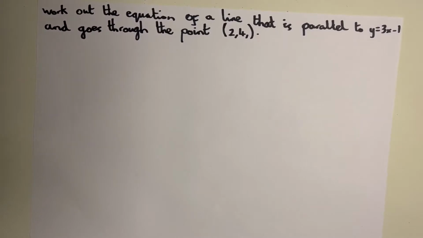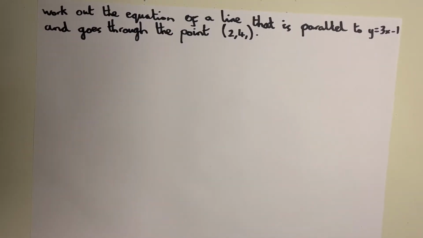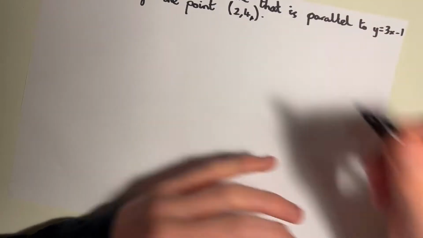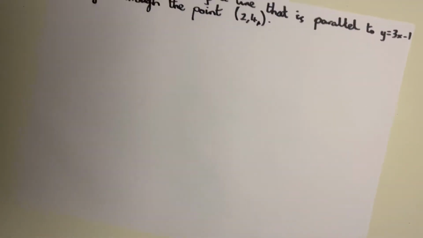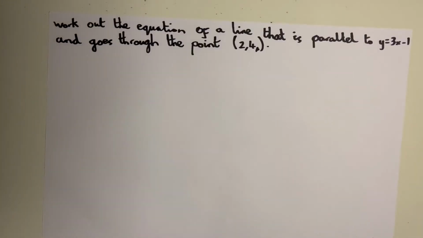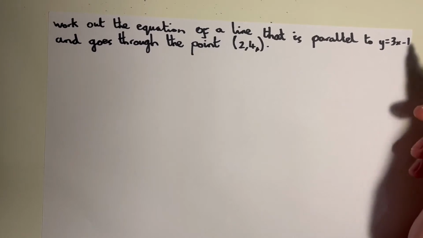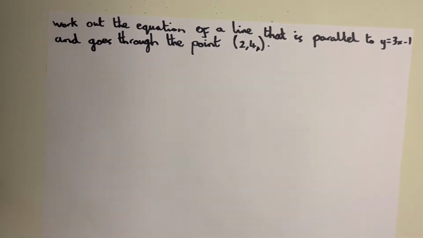Okay, so we've got a little example question which you could get in an exam. Work out the equation of a line that is parallel to y equals 3x minus 1 and goes through the point 2, 4. There shouldn't be a comma there. But hey, so what we're going to do, first of all, if the line's parallel to y equals 3x minus 1, it must have the same gradient, because parallel lines have the same gradient as each other.